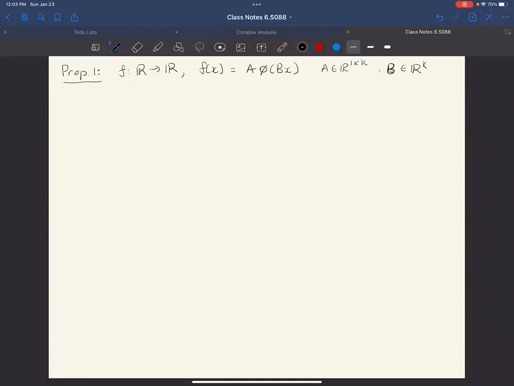I'm going to let my neural network be denoted by 1 over root k a phi of bx, for some element-wise activation function. And now, instead of assuming the a_1i, b_i's are standard normal, I'm going to do something a little different. I'm going to assume these parameters are bounded.